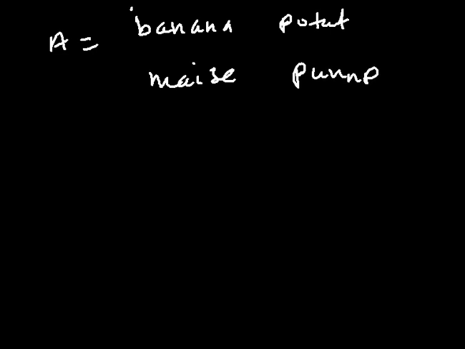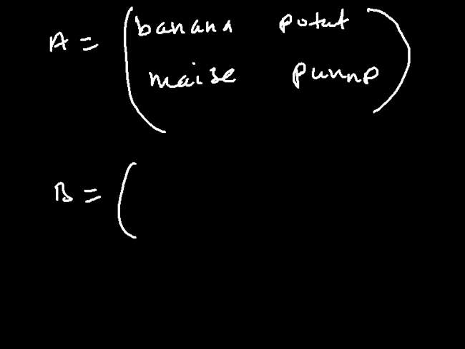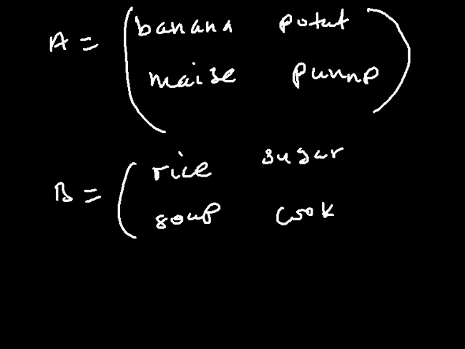What you have here is a matrix of foodstuffs. And we can have a matrix of groceries, where we can have rice, soap, sugar, and cooking oil.